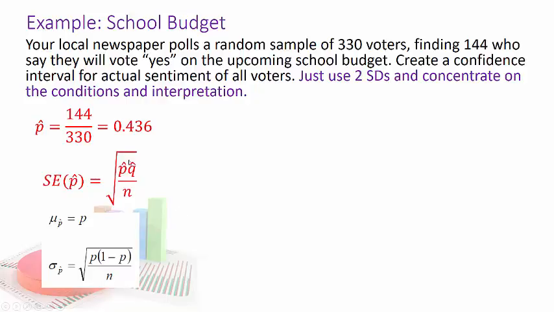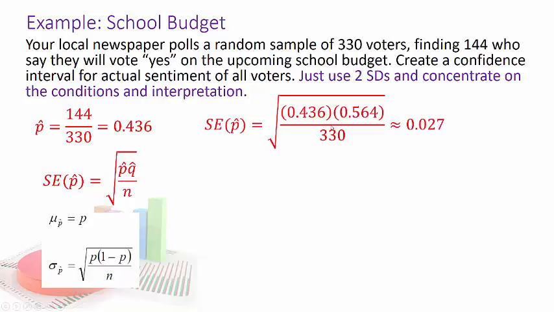Here's the standard error formula. It's not on your math chart, so you have to know that this is standard error when you're using sample data. So I plug in the numbers. 0.436 times 0.564 divided by 330 is roughly 0.027.